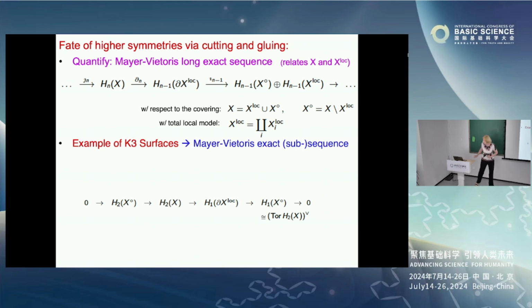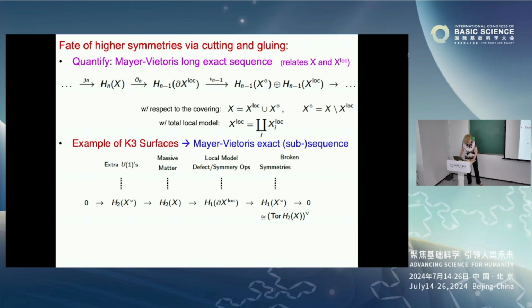Okay, and so I'll just say it in more qualitative words. Identifying H2 of the compact space tells us the number of compact cycles. This is where the defect has actually become massive, right? And correspondingly, we have physical matter associated with that.